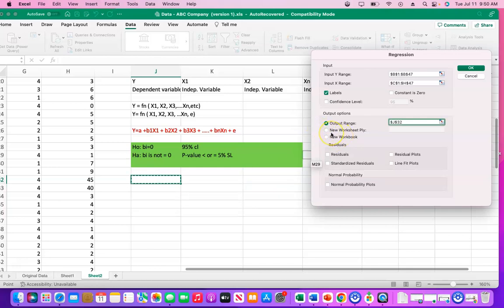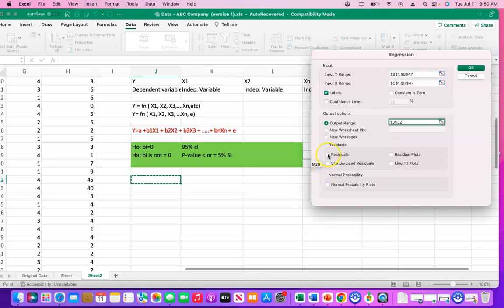Remember, you can open a new worksheet or a new workbook. It all depends on your choice, but I always like to have my results close to the data so that I can work on the data if necessary, or compare the data with the results.